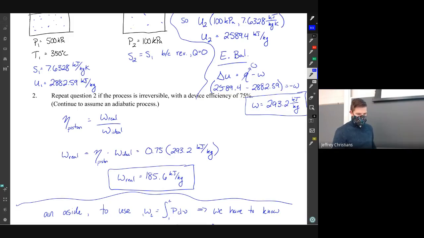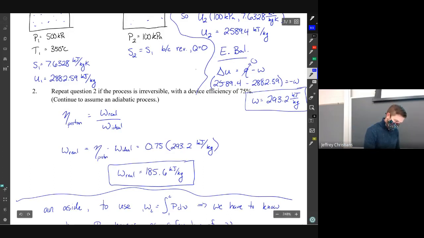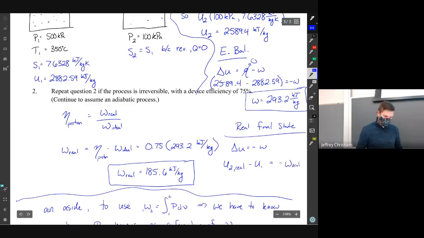Okay, and then again, we could go and find what the real final state is by going back and doing a new energy balance using our previous U. So the real final state would be delta U equals minus W. So U2 real minus U1 equals minus W real.